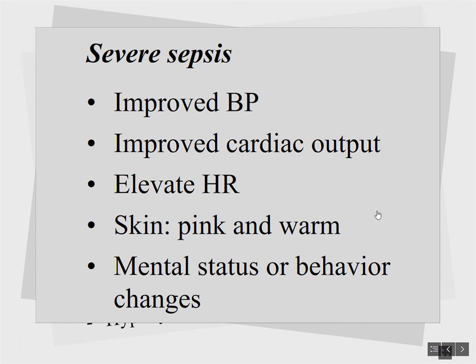So that heart rate going up is trying to compensate for the blood pressure being low. Now, when your patient goes through this sepsis cascade, the heart rate going up actually works really well for a minute. And so this is why your patient looks better. They become pink and warm, their blood pressure goes up a little bit, and their cardiac output becomes improved, okay? So they may look a little bit better for a minute, okay?